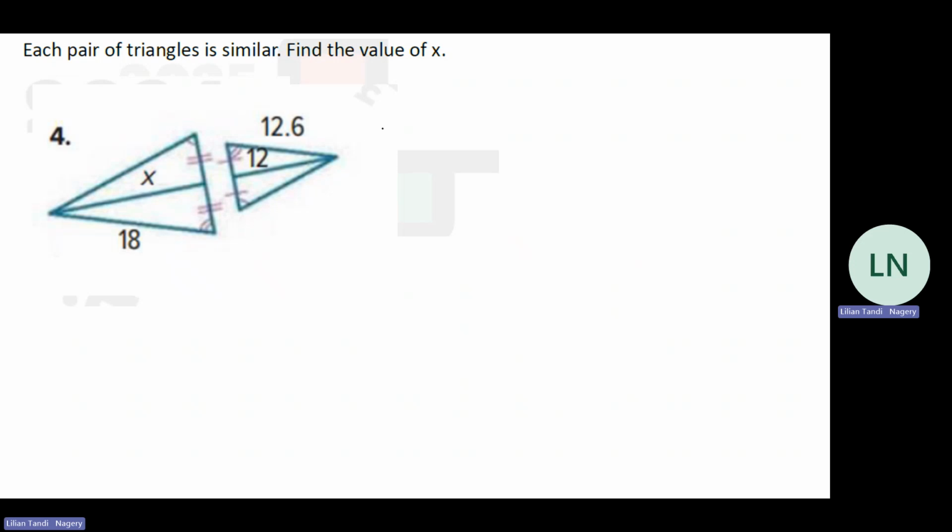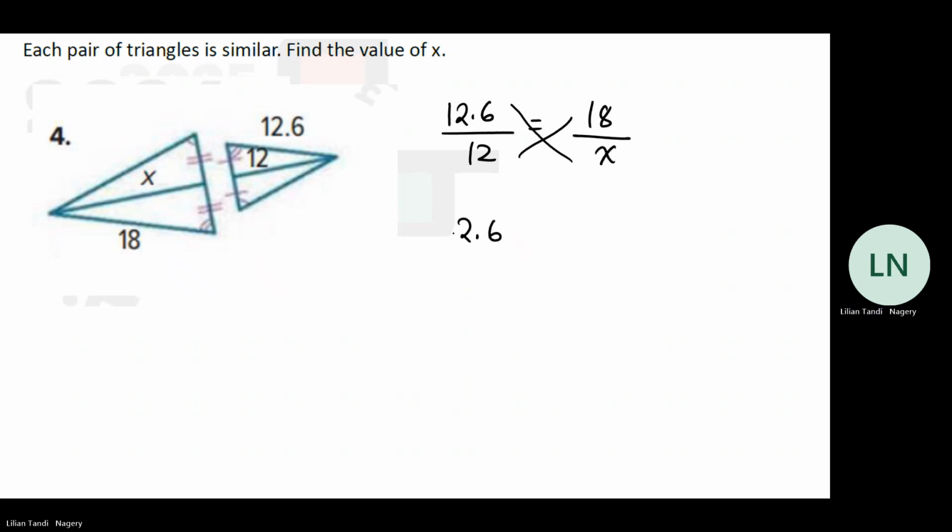So here we can do 12.6 over 12 equals 18 over x. Or the butterfly method, 12 and 6/10 x equals 18 times 12.